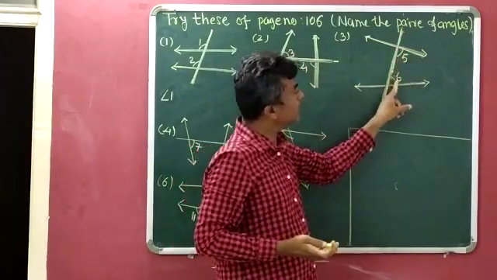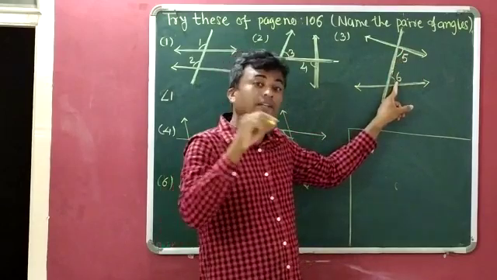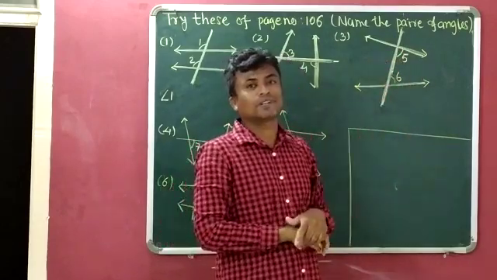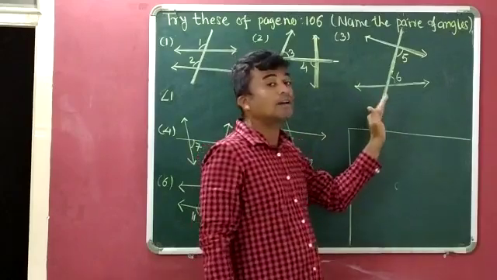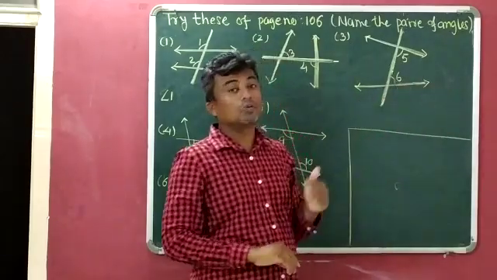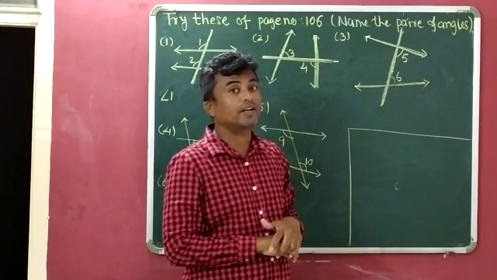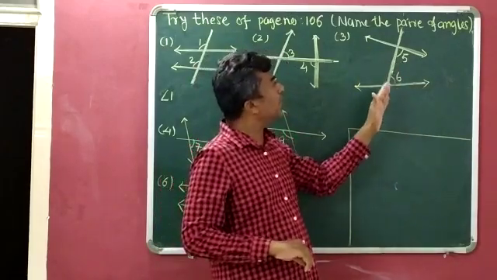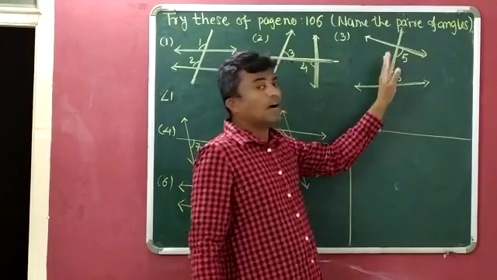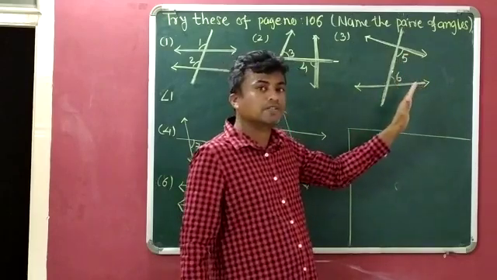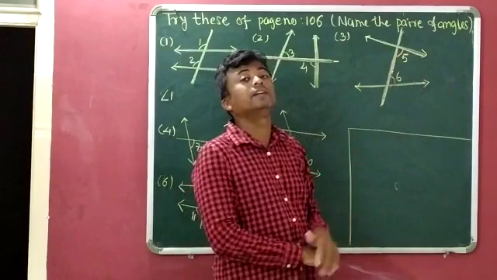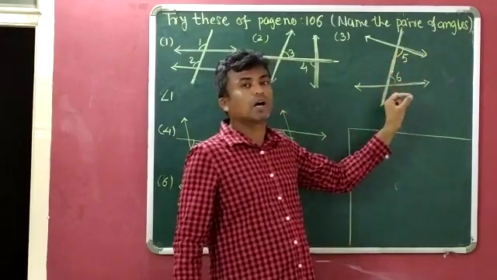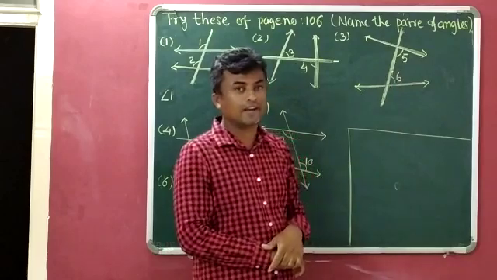So angle 5 and angle 6 are both co-interior angles.